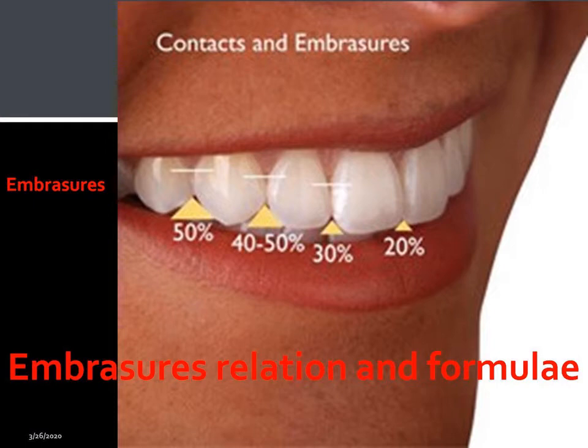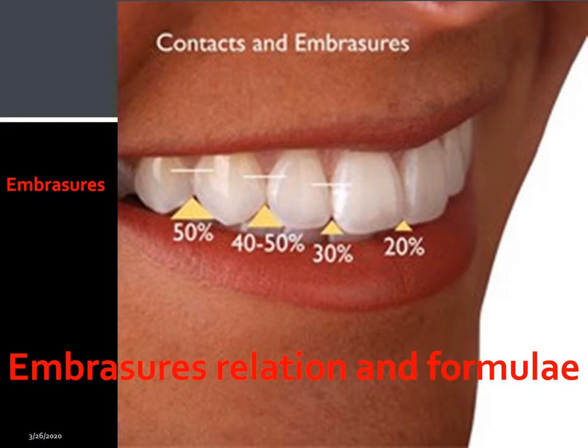The contact and embrasures are in relation to each other. The embrasure is in what we call the 20, 30, 40, 50 relation, okay, moving backward toward the posterior region, while the contact relation or the connector relation is in the other direction.